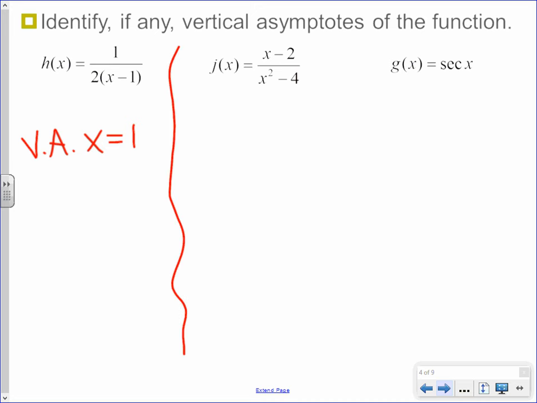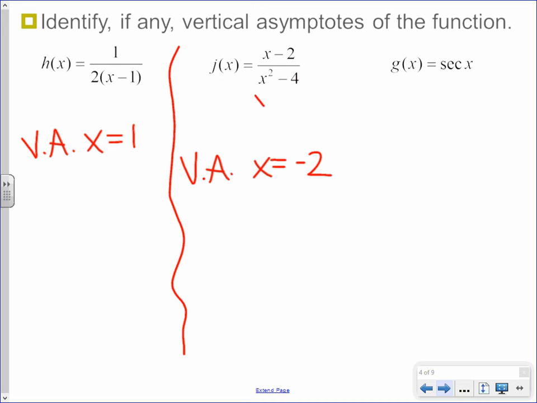Second one, x minus 2 over x squared minus 4. Logan. Negative 2. There's a vertical asymptote? You think so? Do you agree with Logan? What would be easier to visualize where these are? Logan probably did this in his head, right? What should we maybe write down so we can see what's happening?